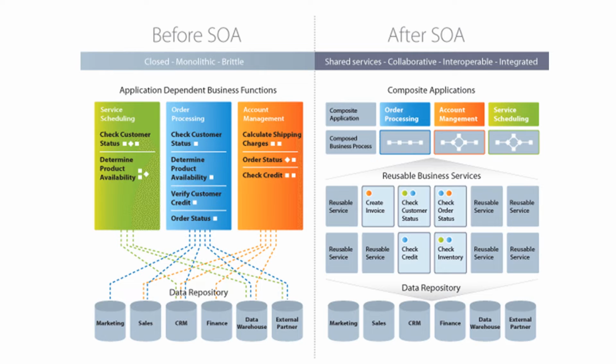The composite applications, which are part of after applying service-oriented architecture, have composite application, order processing, account management, and service scheduling as the top layer, which has different business processes, and they can use reusable business services such as creating invoice, check customer status, check order status, and all these are related to different data repositories of marketing, sales, CRM, finance, data warehouse, external partners.